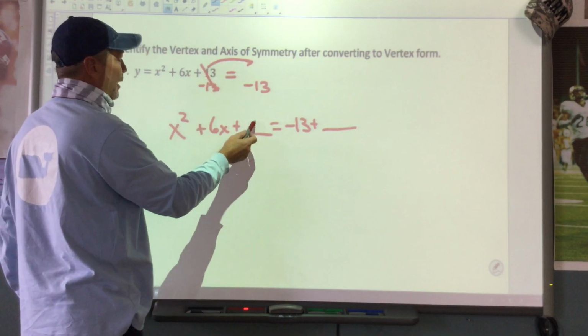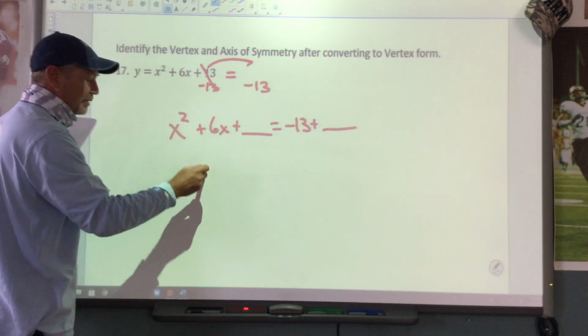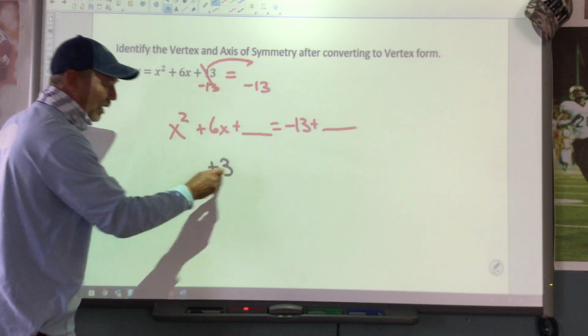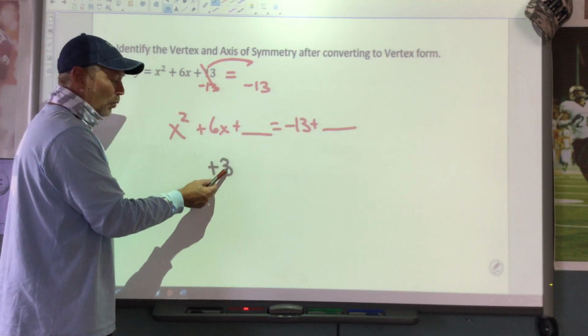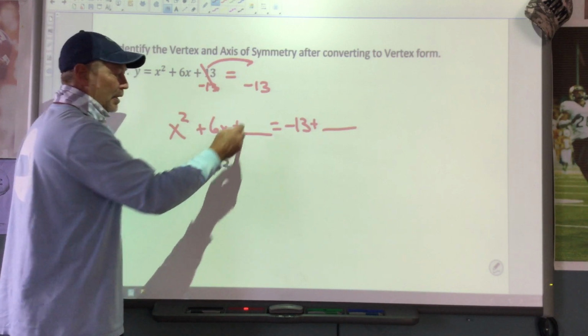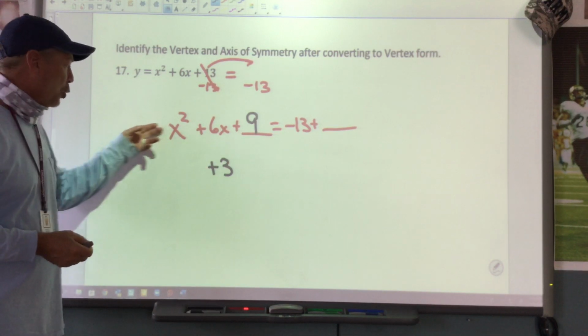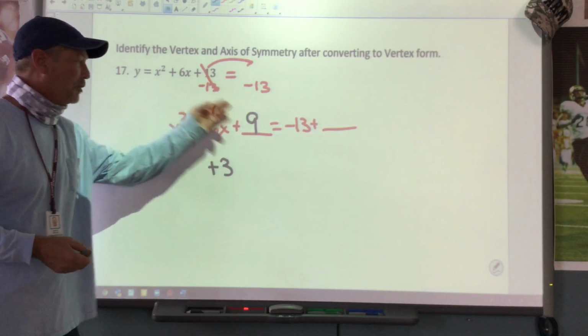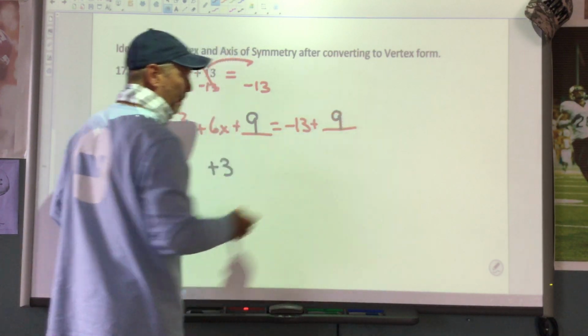I need to fill in my blank. So I'm going to take half of 6. Half of 6 is a positive 3. But I need to square this. What is 3 times 3? 9. Did we factor here? No, we didn't factor, so we don't have to bounce. So if this is 9, this gets to be 9 also.